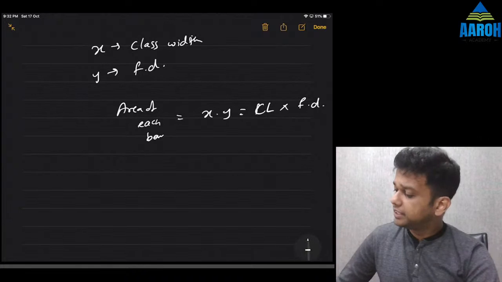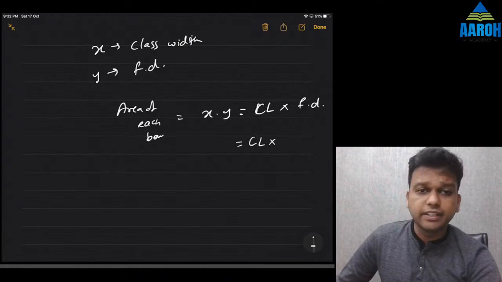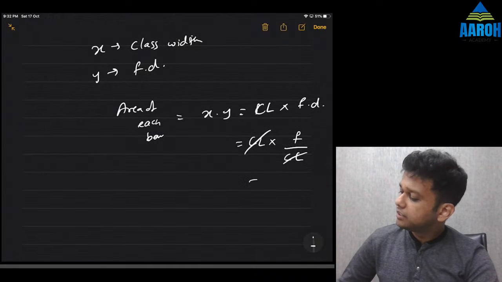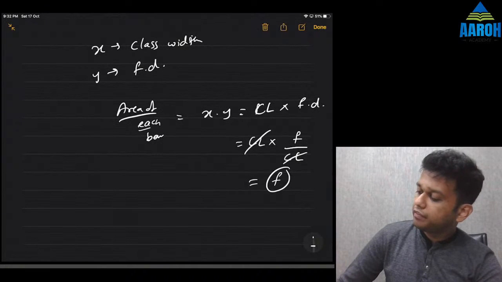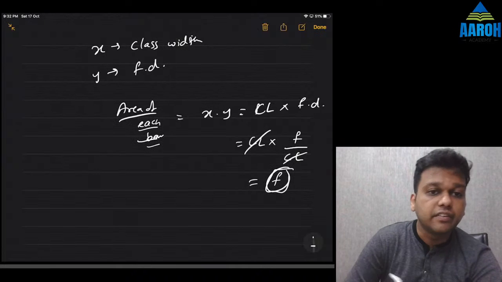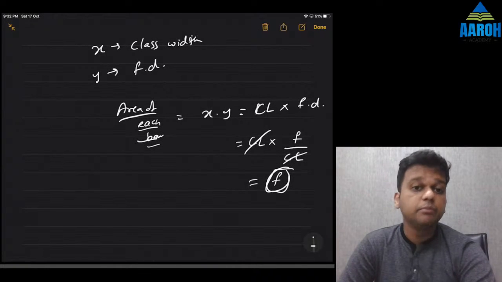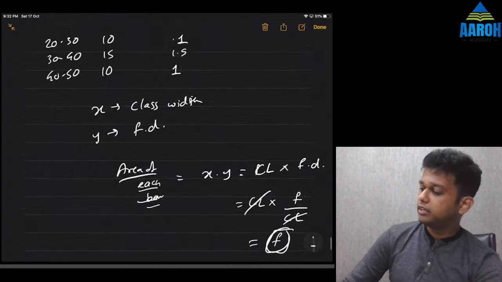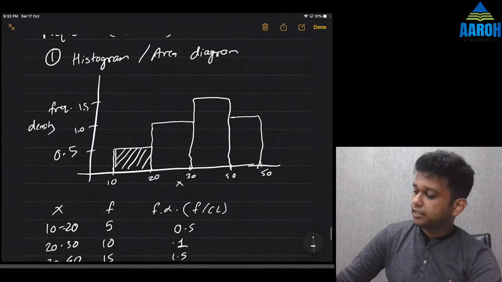But what is the formula of frequency density? Class length into frequency density means frequency upon class length. So we can cancel this and we get that area of each bar is equal to its frequency. That is why this diagram is called an area diagram. In a histogram, always remember area of each bar is equal to its frequency.